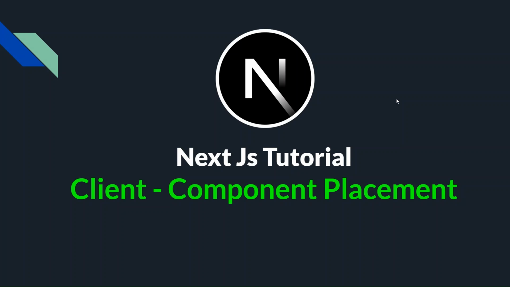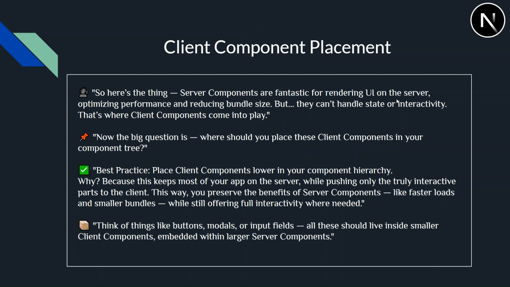So let's understand how client component placement matters. Here's the thing: server components are fantastic for rendering UI on the server, optimizing performance and reducing bundle size. But they can't handle state and interactivity, and that's where client components come into play. Now the big question is, where should you place the client component in your component tree? The best practice is to place client components lower in your component hierarchy.